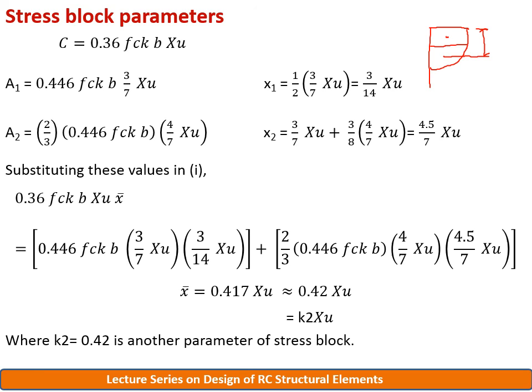So K2 is the second stress block parameter, and it is found by finding the position of the compressive force from the topmost compressive fiber.